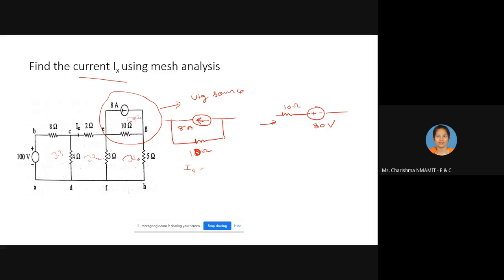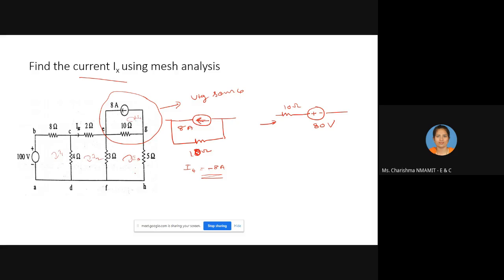So I4 is minus 8 amps. Why minus? I am assuming the current direction to be clockwise, but the 8 amp current source is going in the opposite direction to the orientation I have assumed. So I4 is minus 8 amps, and we substitute it.